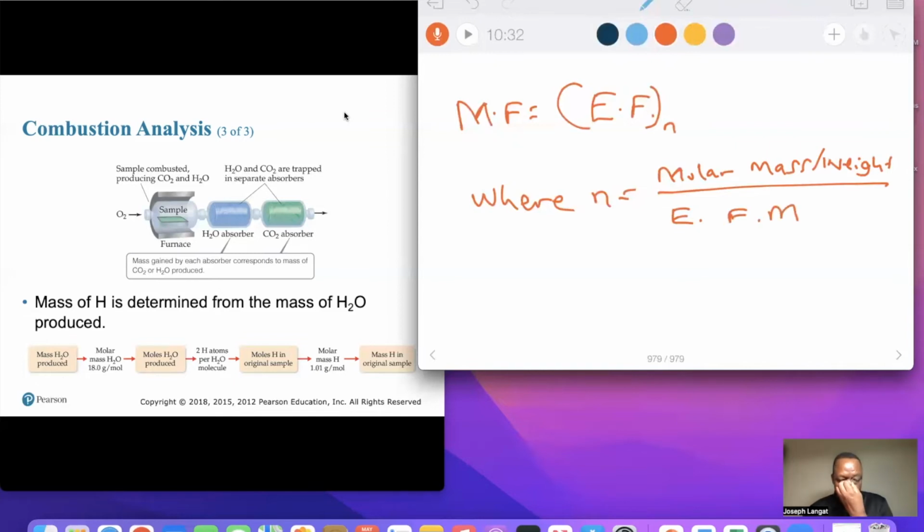The denominator is simply the molar mass of the empirical formula.